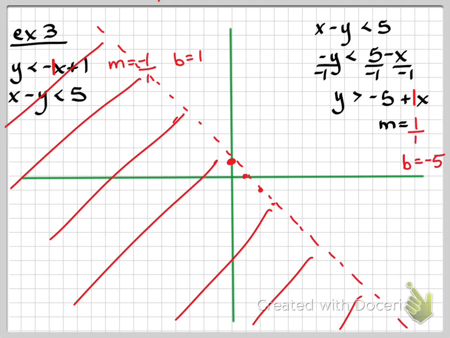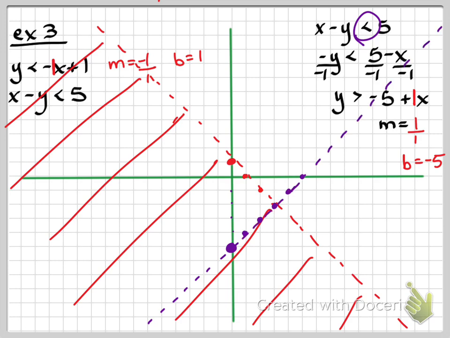So b is negative 5, so we go 1, 2, 3, 4, 5. Start at the y-intercept. Rise 1, run 1 for your slope. And this is a less than, so dotted line, not solid.